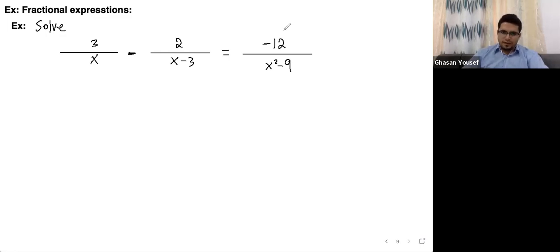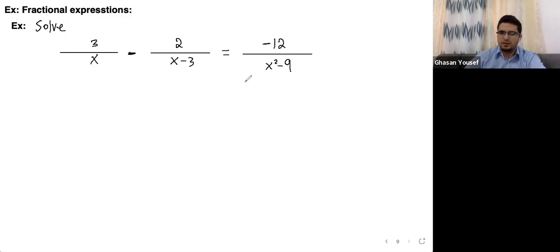So to solve a fractional expression, this is first of all not a linear equation and not a quadratic equation, it is a fractional equation or fraction expressions. So to solve something like that, I prefer to move everything to one side again, and the other side is 0. Okay, so moving everything to one side, I'm going to add minus 12 over x squared minus 9.